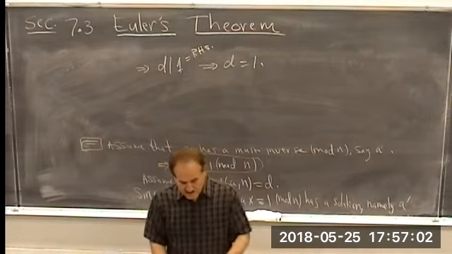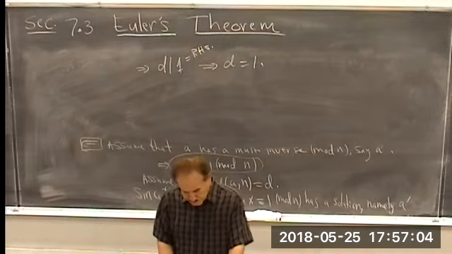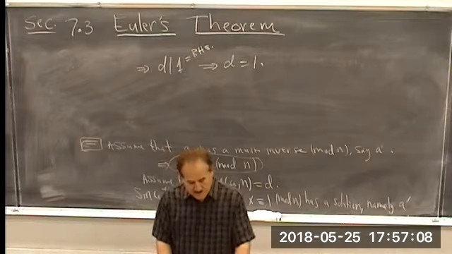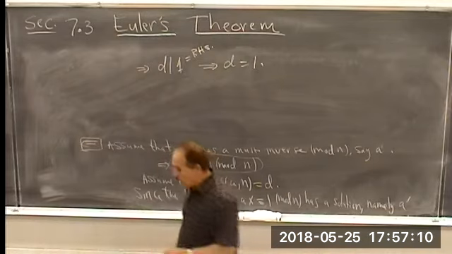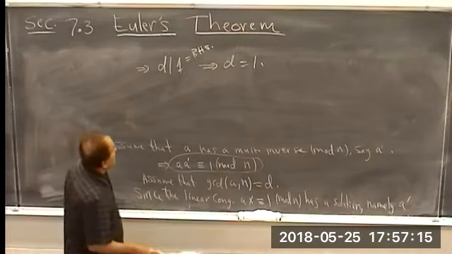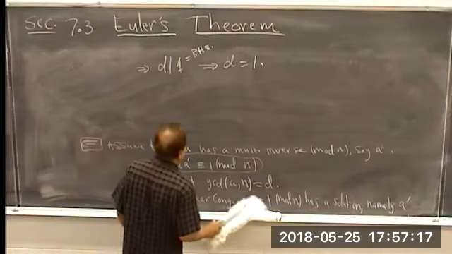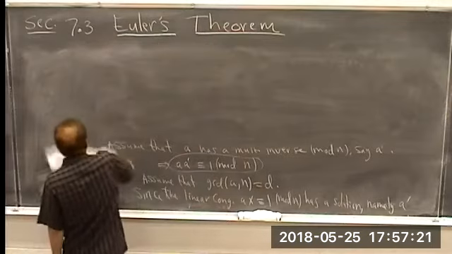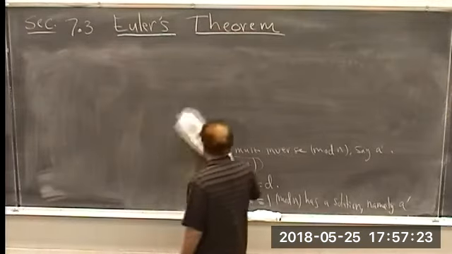All right. Now, let's see how Euler's theorem, which is our concern, actually does give us a multiplicative inverse of a given integer. All right?